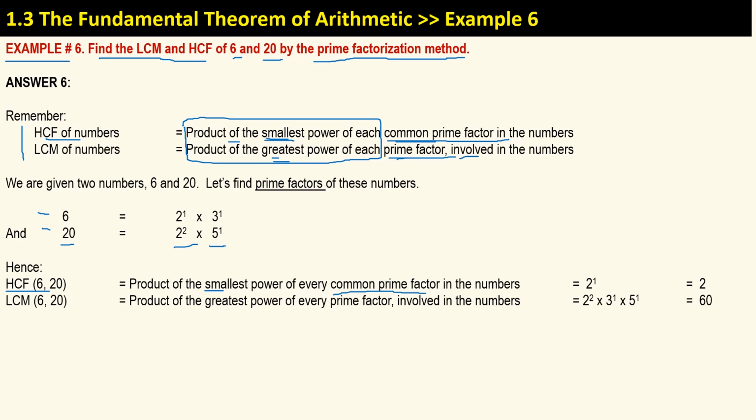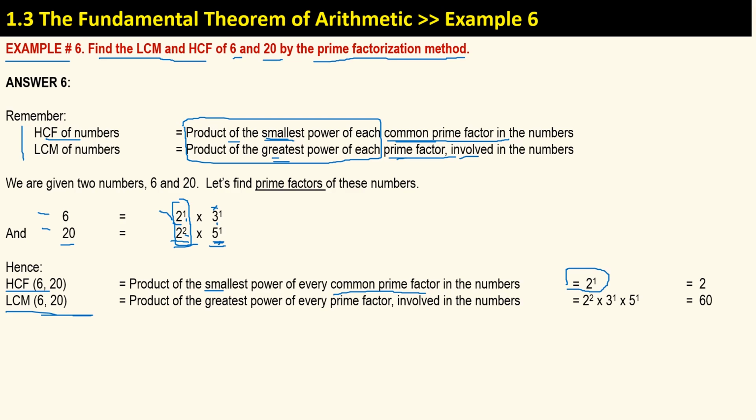So if you see, 20 has factors 2 and 5, 6 has 2 and 3. So what is common? 3 is not common, 5 is not common, so the only common factor is 2. And what is the smallest power of this? Here the power is 2, here the power is 1, so the smallest power is 2 raised to power 1. Hence our HCF would be 2 raised to power 1.